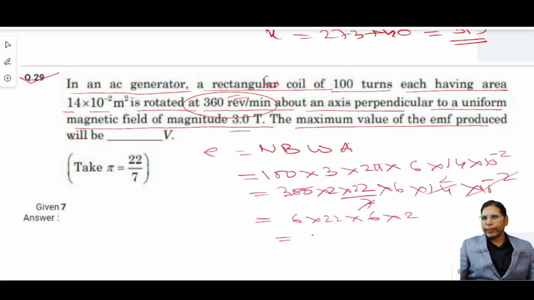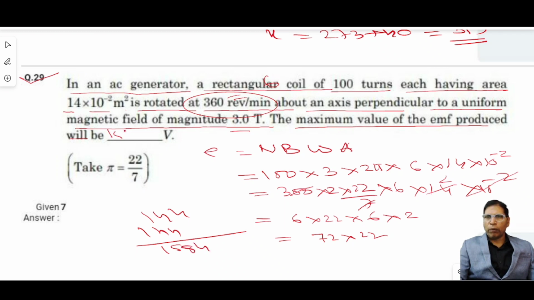Therefore, this is 72 into 22. Now 72 into 22 is 144, 144, so this is 1584 volt. 1584 volt is the EMF induced.